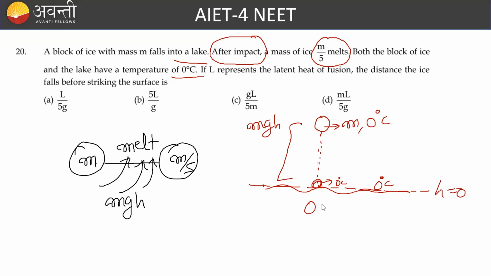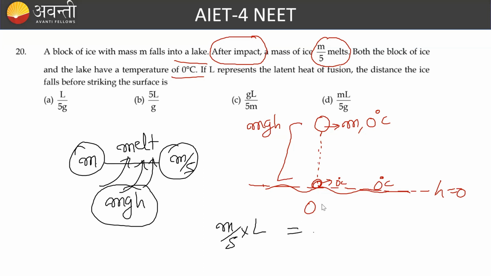It will receive mgh because this is the only source of energy that will give it energy, right? So now how much should be the value of mgh if m/5 portion of ice is melting? It means what? It means m/5 into L. If ice is melting, if m mass of ice is melting, it requires mL amount of heat. If m/5 part of mass of ice is melting, it requires this much of heat.